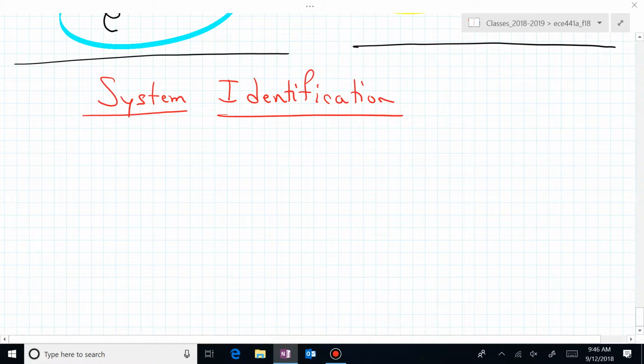If I ask you to draw a picture in the time domain of a first order system response, could you do that? Imagine a first order system, and now we apply a constant input to it. What's its response look like? Can you draw that?